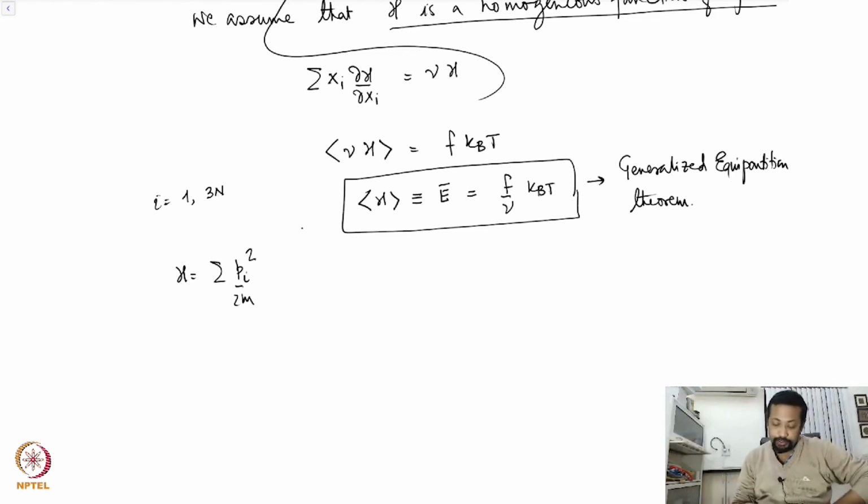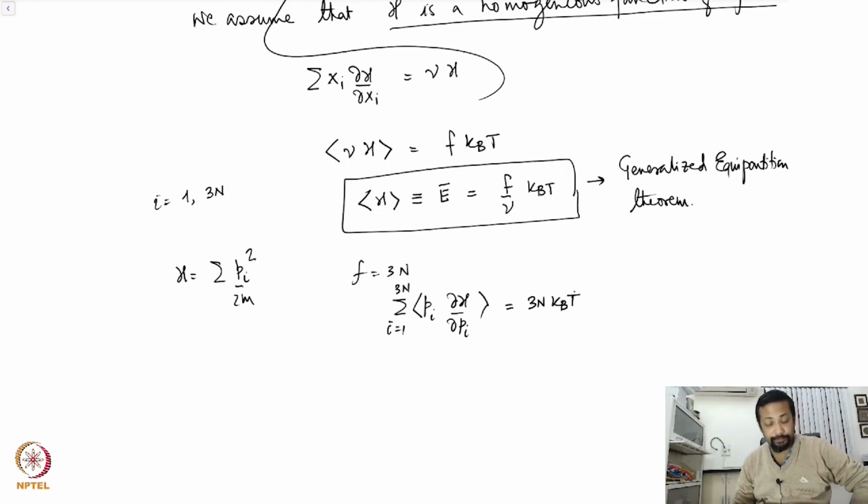Therefore, your f is equal to 3N, which means the sum over i from 1 to 3N of the average of p_i ∂H/∂p_i is going to be 3N k_B T. But ∂H/∂p_i is just p_i over m.